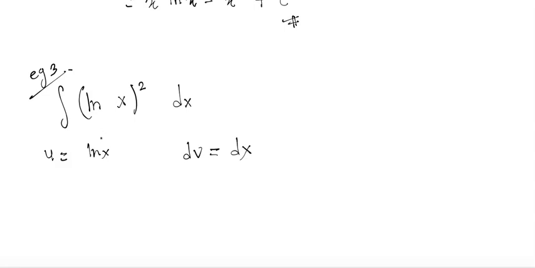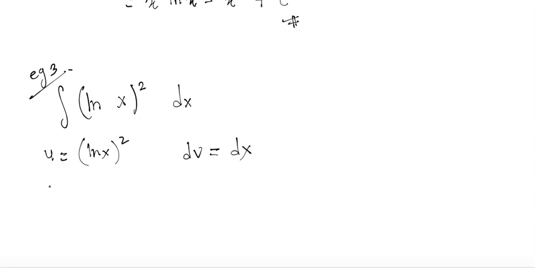Remember, your u dv is the total function that is given to you, not only half of it. If you take only ln x, where is the other ln x? So you have to remember to take everything. So for u, you have to put ln x squared.